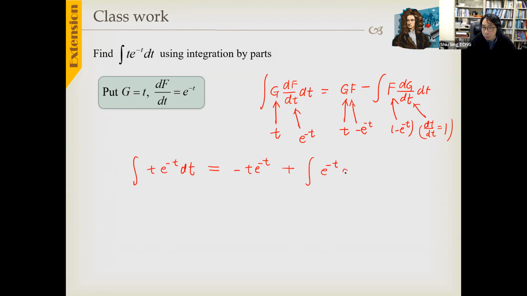This is 1. Okay, I just multiply by 1 here. So the last line will then be integrating the e to the power minus t, which is minus e to the power minus t, plus the constant c. Okay, so I complete the integration.